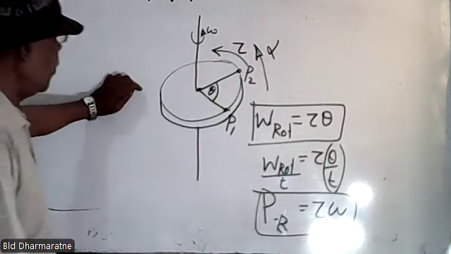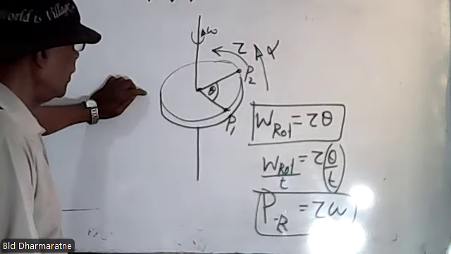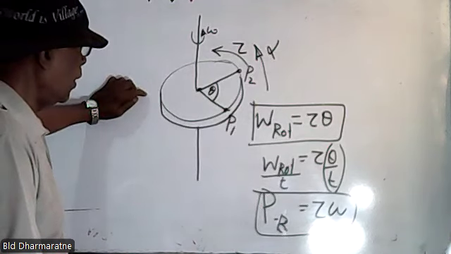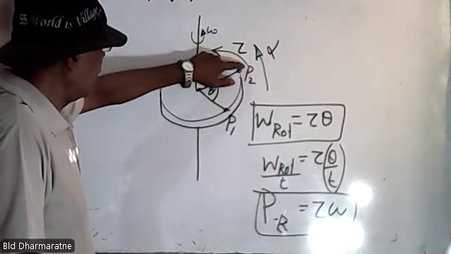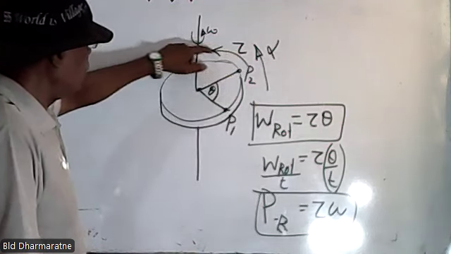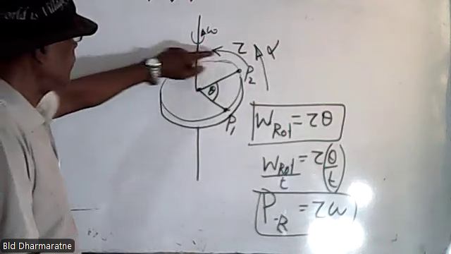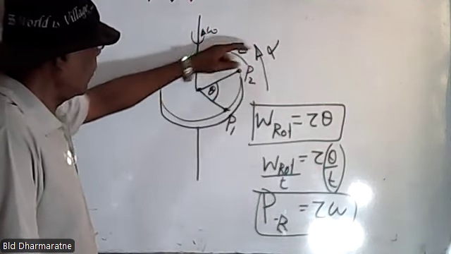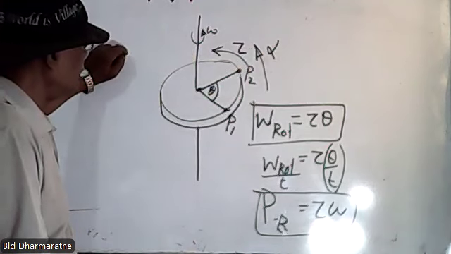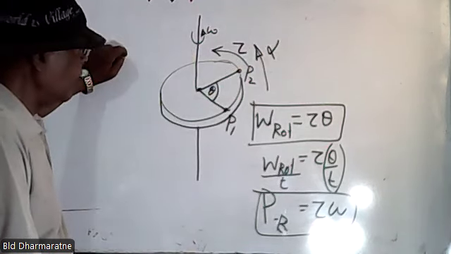In a rotating body, here is another condition. This is a rotating wheel, with torque applied initially, giving angular acceleration alpha.